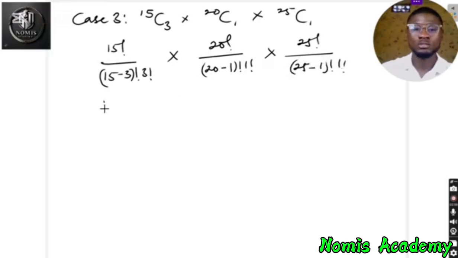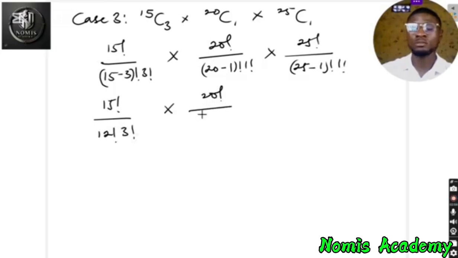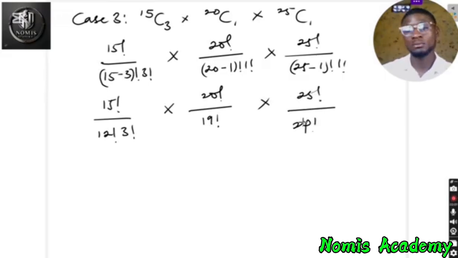So this becomes 15 factorial all over 15 minus 3, which is just 12 factorial, multiplied by 3 factorial, multiplied by 20 factorial all over 20 minus 1, that is just 19 factorial. Multiplied by 1 is still the same thing. So this will be 25 factorial all over 25 minus 1, which is just 24 factorial, and then 1 factorial.